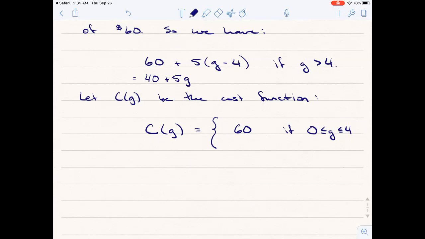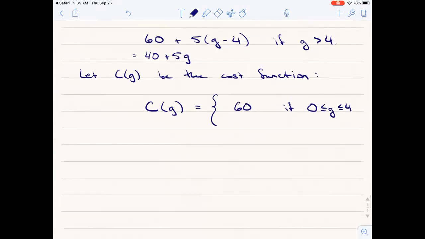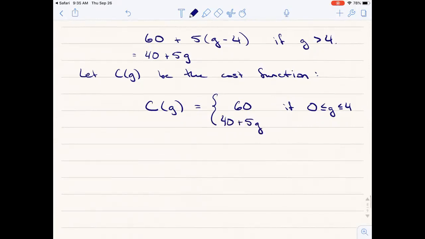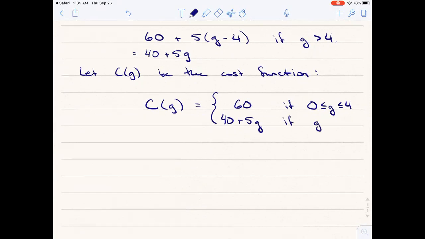Just tack that in there, if we expand and simplify. I'll write that here: 40 plus 5G, if G is greater than 4. Any G larger than 4 up to infinity, we use that function.